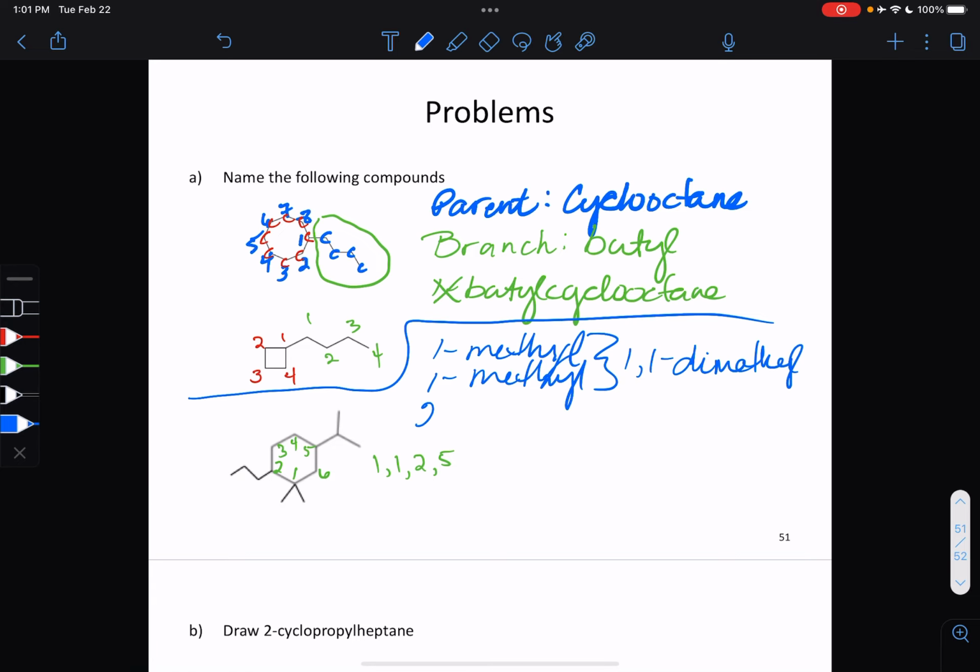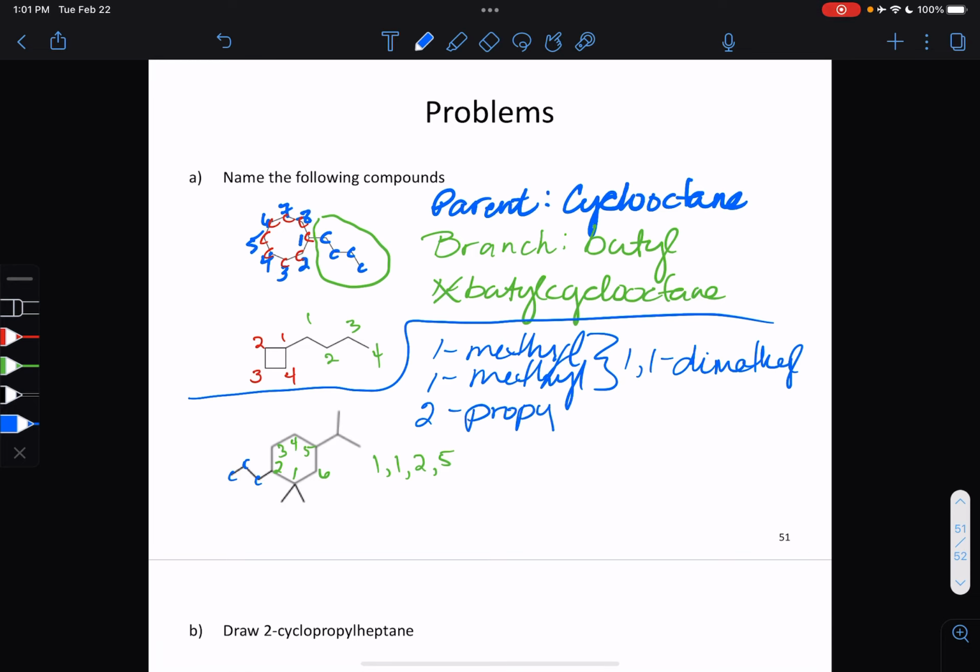And then on number 2, what do we have? We have a straight chain with 3 carbons, and one of the end carbons is bonded to the cyclic structure. So that would be what? What's your guess? That would be propyl.